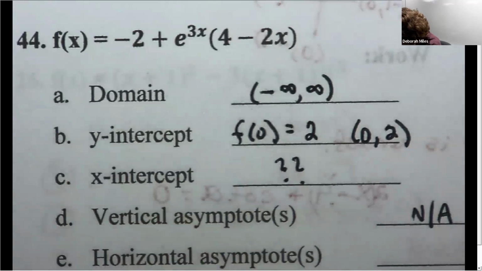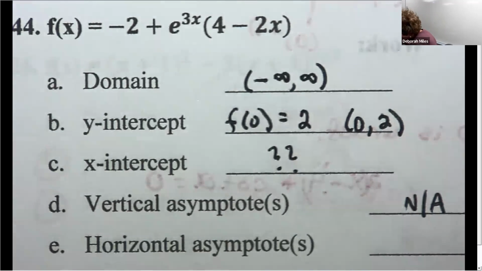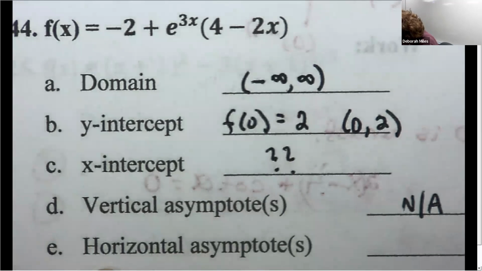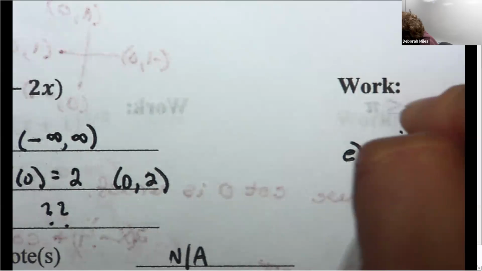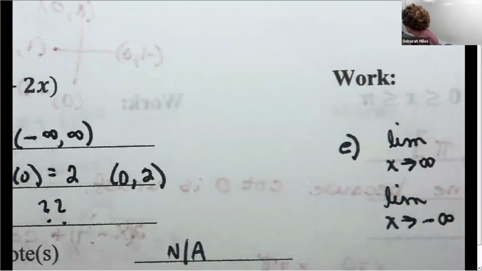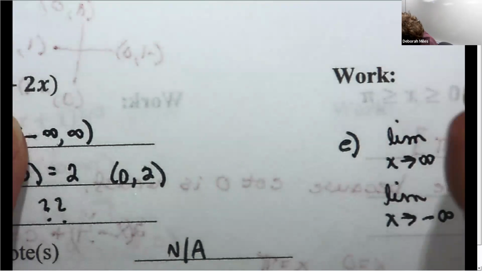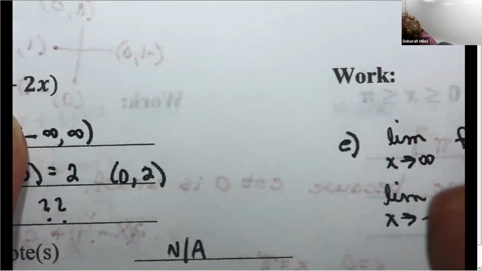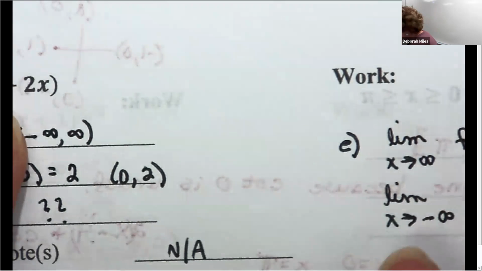So we could actually, and we did in 4.5, look at the limit as x goes to infinity and the limit as x goes to negative infinity. If those limits exist, then there's a horizontal asymptote. If those limits do not exist, there's not a horizontal asymptote. So we're looking at the limit of f of x as x goes to both positive infinity or negative infinity.